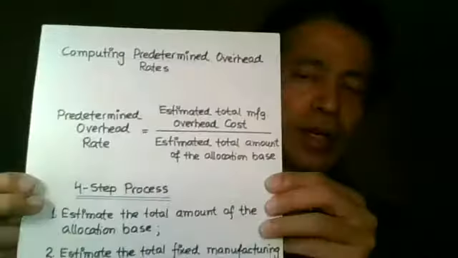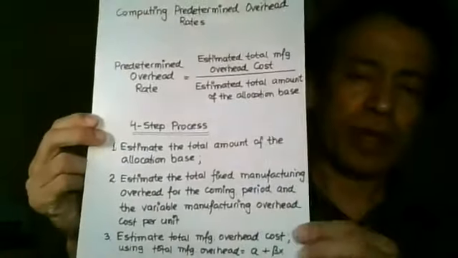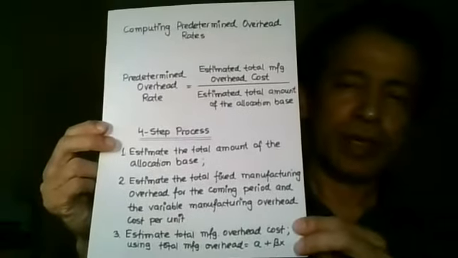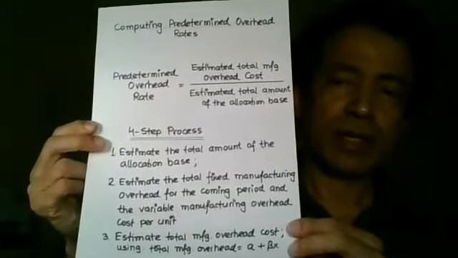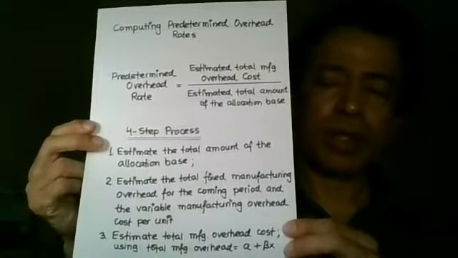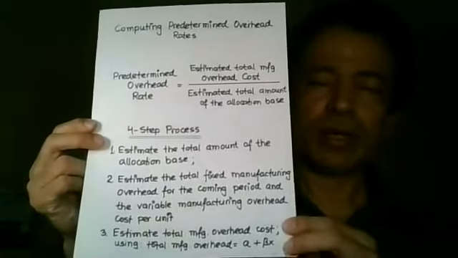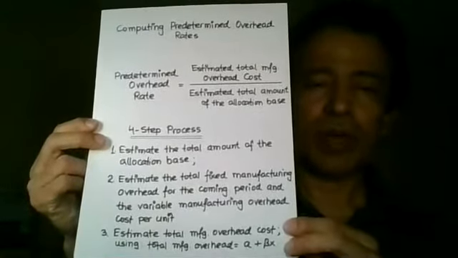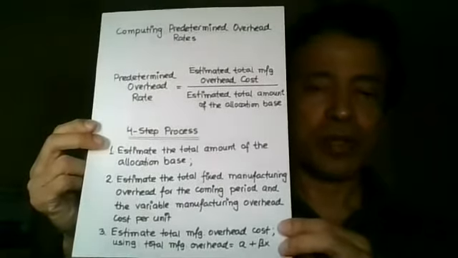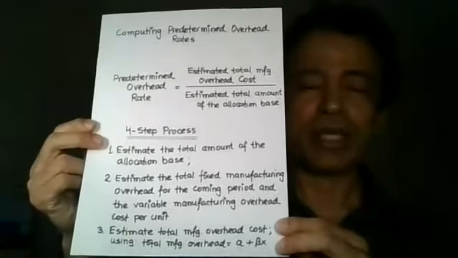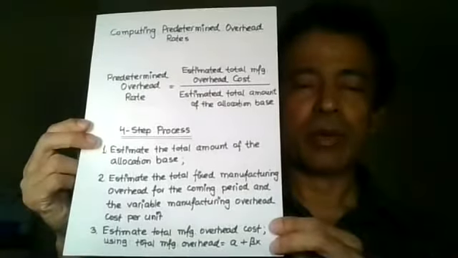Anyway, so we consider it a 4-step process, you can see here. So this is based on the discussions in the chapter. You can see predetermined overhead rate is equal to estimated total manufacturing overhead cost, so estimated total cost divided by estimated total number of allocation base.